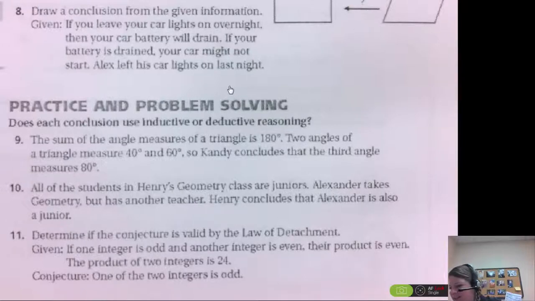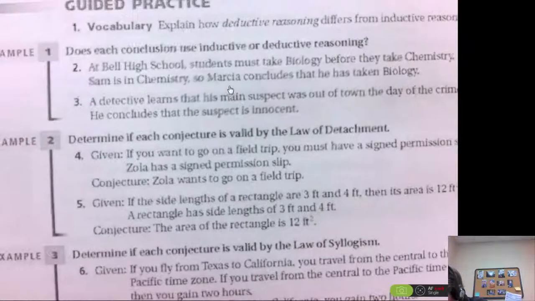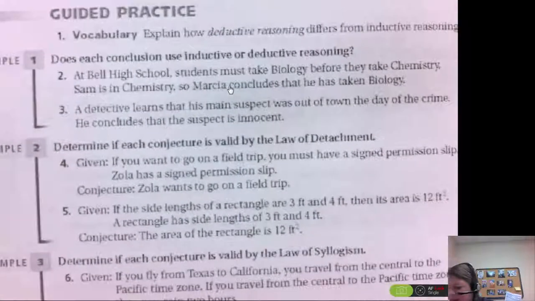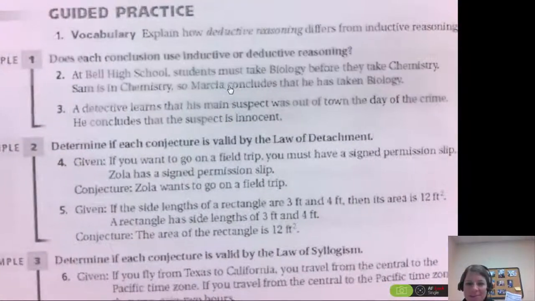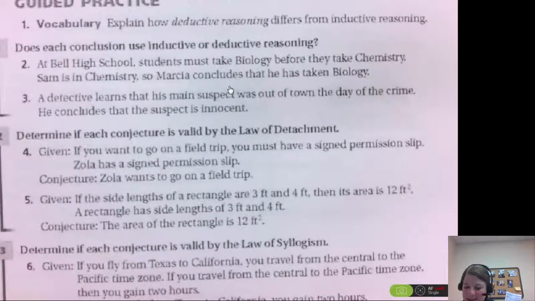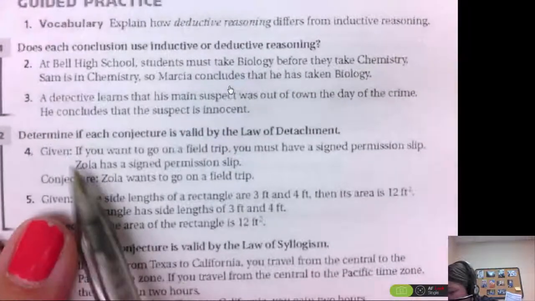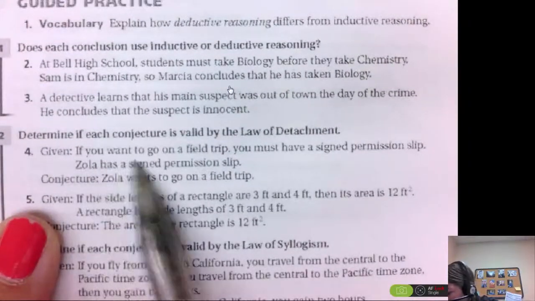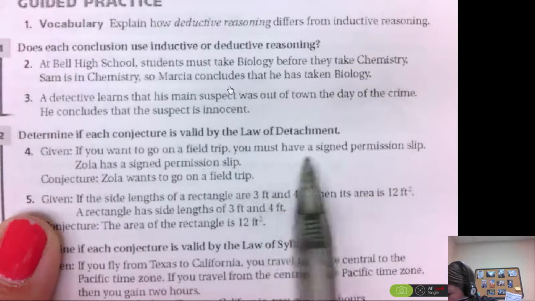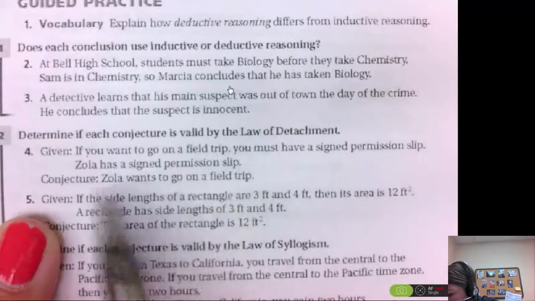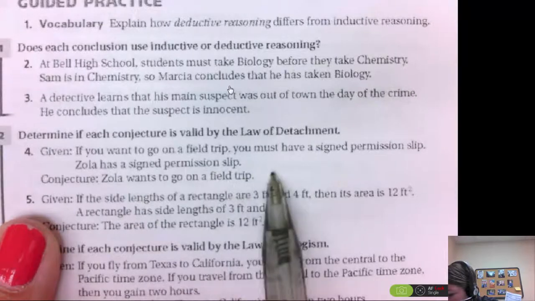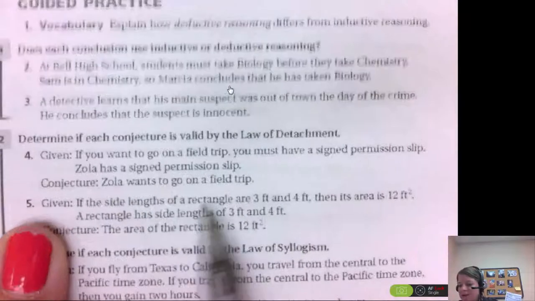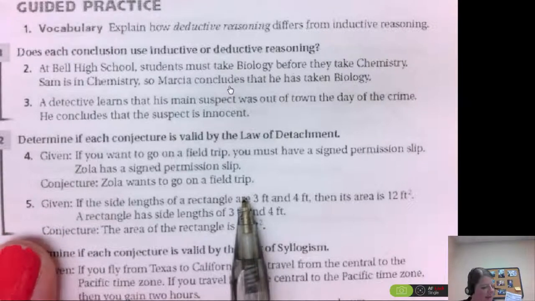Okay, let's look at a couple more questions. It says, determine if something is valid by the law of detachment. Basically, did you follow it right? Let's look at number 4. If you want to go on a field trip, you must have a signed permission slip. Zola has a signed permission slip. Zola wants to go on the field trip is what they came up with.